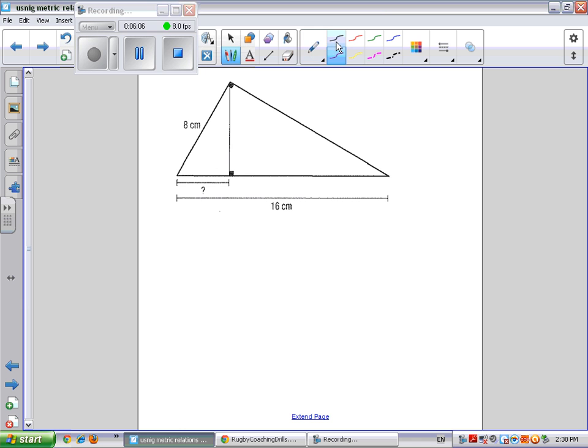And what we're looking for here, using the same letters as I did in the first slide, this would be A, so one of the legs of the big right angle triangle. You'd be looking for its projection onto the hypotenuse, given the hypotenuse.